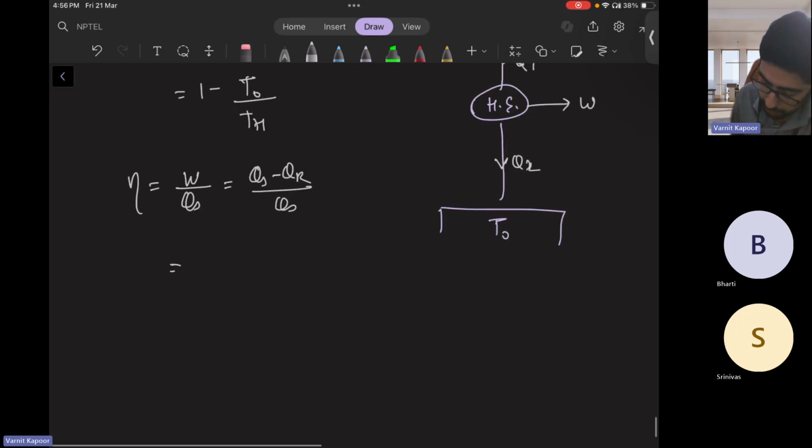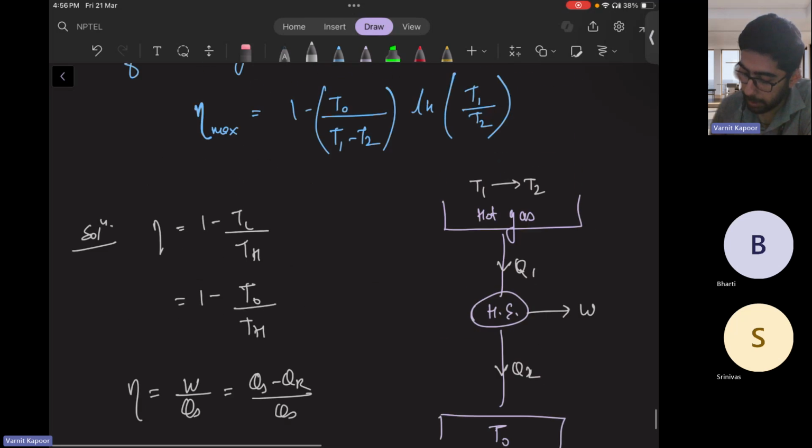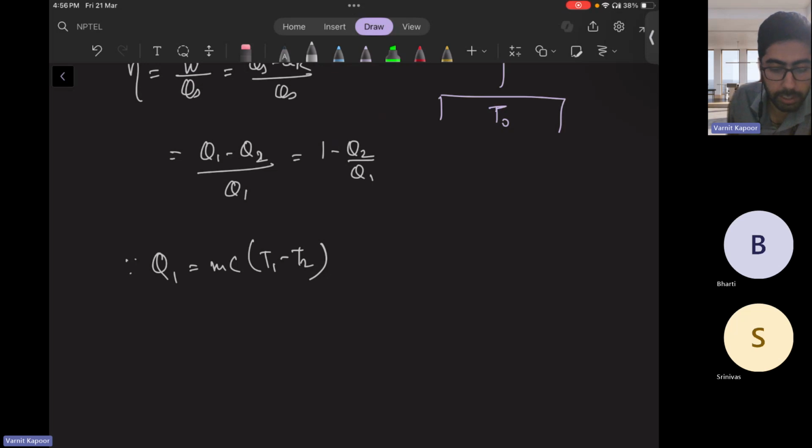So what is Q supplied? It is Q1 minus Q2 by Q1, so that is 1 minus Q2 by Q1. What will be Q1? Q1 will be mC into the temperature change of the hot gas, mC delta T. So Q1 is mC (T1 minus T2).